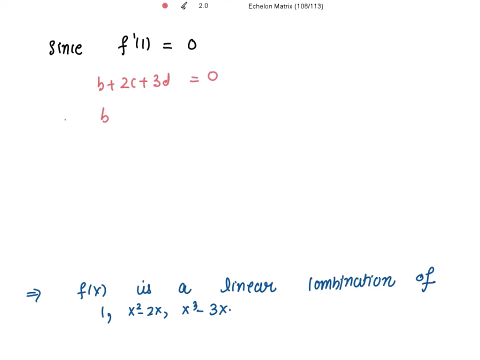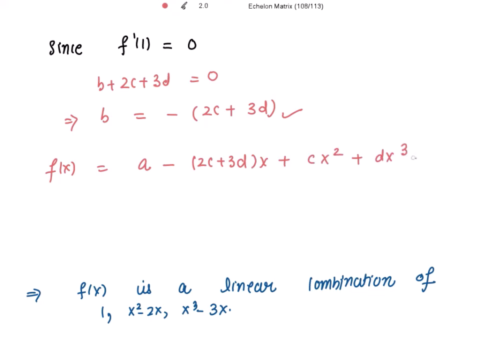From here, b is the negative of 2c + 3d. If I write back the polynomial f(x), a as it is plus bx, with b equal to -(2c + 3d), plus cx² plus dx³. Let me take c common from these two terms, so I get c(x² - 2x).